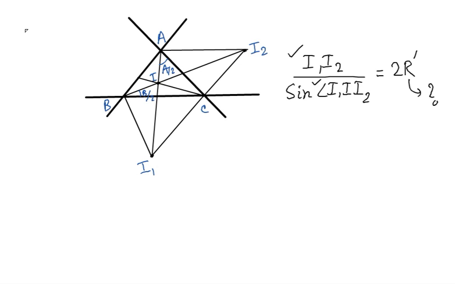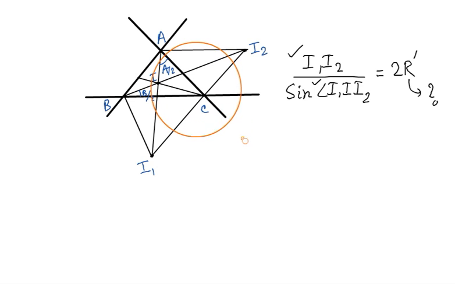Now we can see that this is the internal bisector of C and this is the external angle bisector of C. So the internal angle bisector and external angle bisector should be perpendicular to each other. Similarly, this is the internal angle bisector of A and this is the external angle bisector of A, so they will be perpendicular to each other. So this is 90 degrees and this is also 90 degrees, so the sum of the opposite angles is 180 degrees for this quadrilateral, so it must be cyclic in nature.